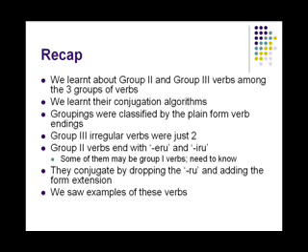Some of them may be group 1 verbs also, so we need to know which group the verbs belong to. The conjugation for group 2 verbs is done by dropping the last two letters, ru, in the plain form and adding the form extension. We saw examples of these verbs. These are things we did in this lesson.